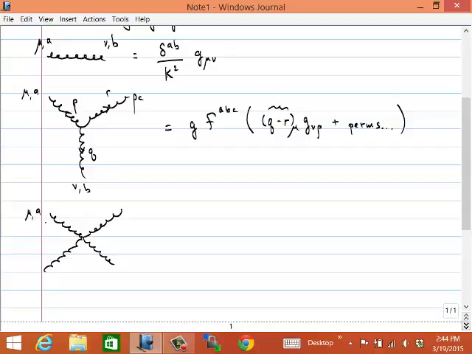This now has 4 Lorentz indices and 4 group theory indices. And it's proportional to g squared because it came from the expansion of F mu nu squared, where F mu nu was the usual electromagnetic kinetic term plus g times FABC, A mu B, A nu C. So this is the term of order g squared in that expansion.